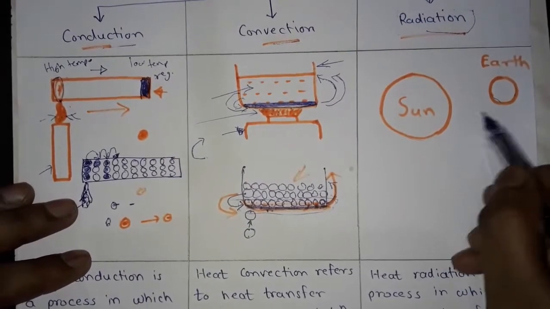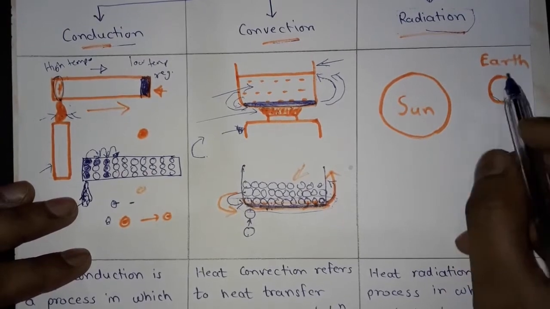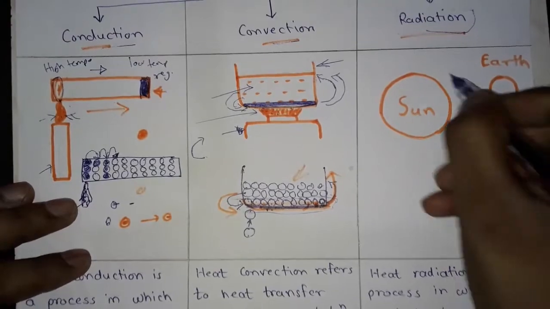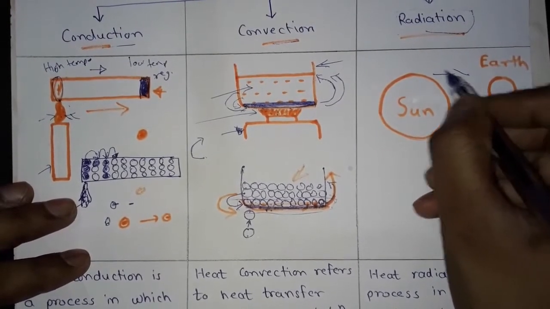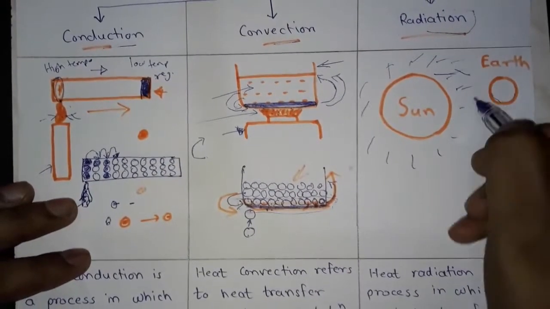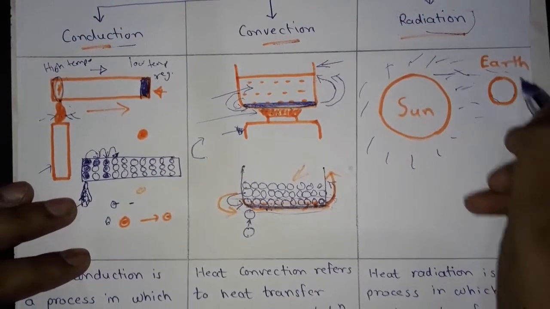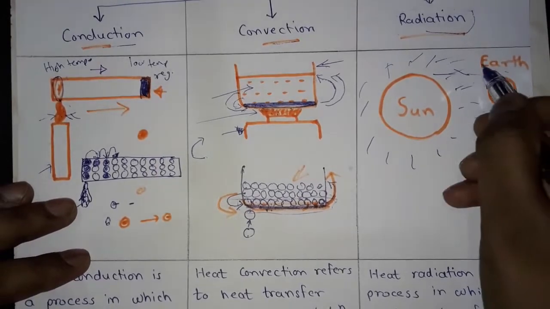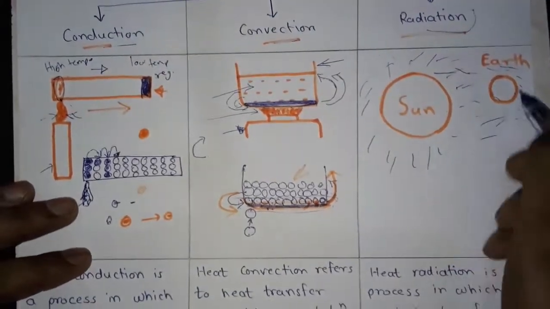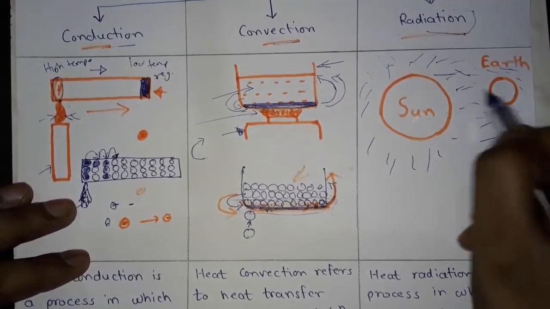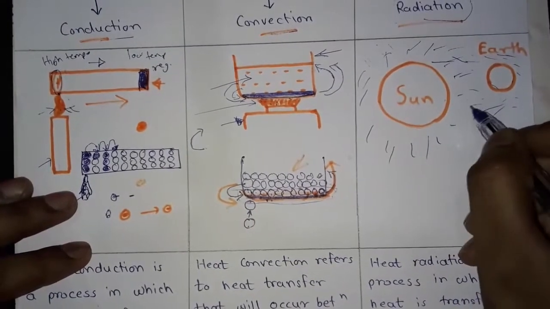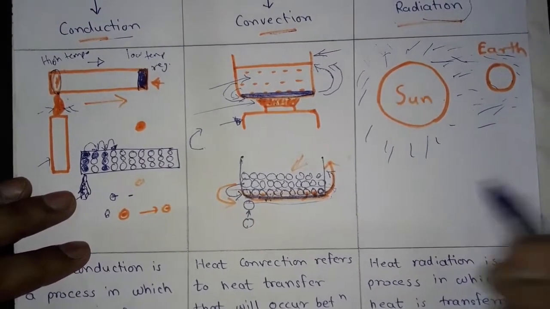Even if they are not in contact, there is heat transfer through radiation. The sun emits radiation in all directions, and this radiation goes to earth also, and earth gets heated due to these radiations. As you can see, there is no medium to transfer the heat. Here heat is transferred through radiation.